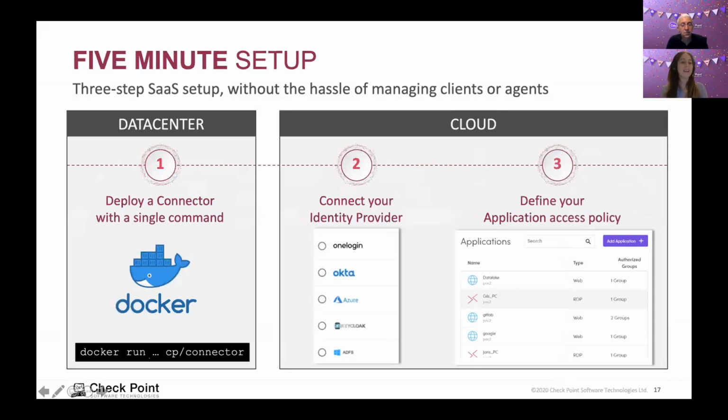The only actual setup that you need to do within your data center is, as we mentioned, the Docker deployment. And usually the response we get there is, that's it. People don't actually believe it can be that easy. Then from the cloud standpoint, what you need to do in the management portal is connect your IDP. This is an optional step. You can also use our local directory. But if you choose to connect your identity provider, we have some very seamless integrations in that sense.